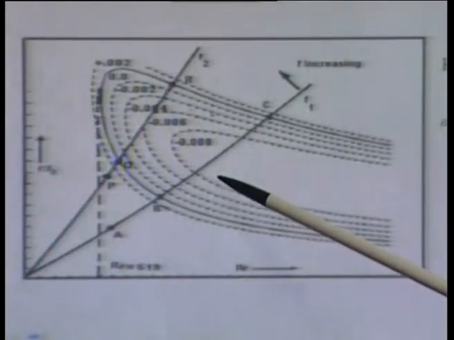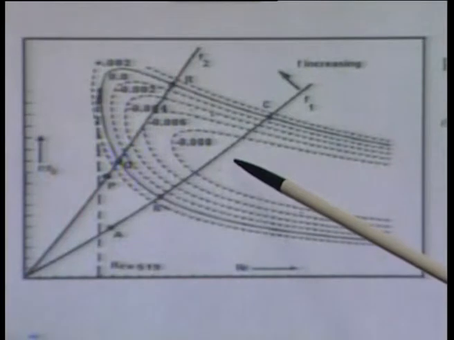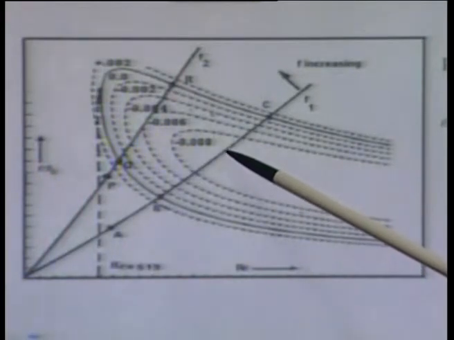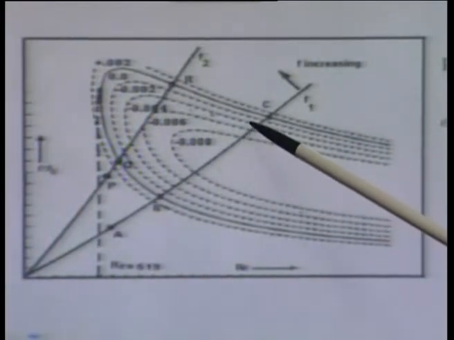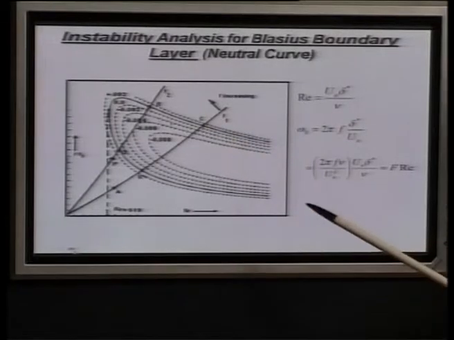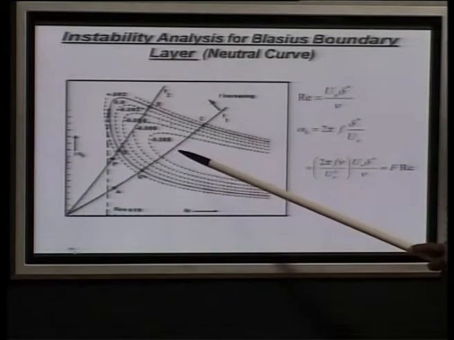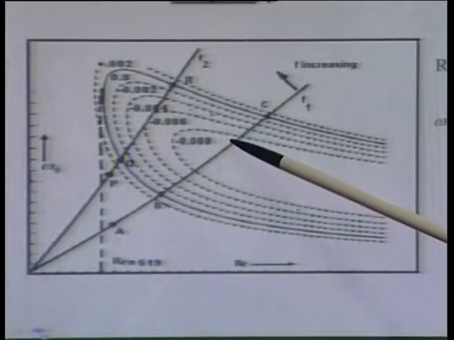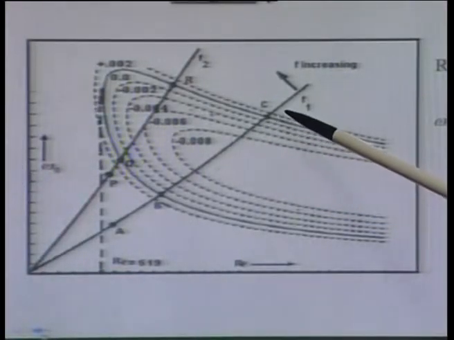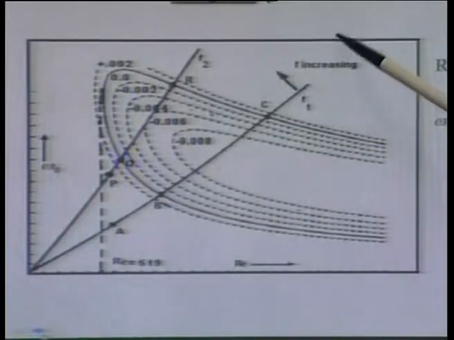It becomes more and more as we come inside, and then again after some point the contour values start dropping off. So, it increases in intensity of the instability, and then again it decreases, becomes neutrally stable, and then it becomes stable. So, this is what we do.